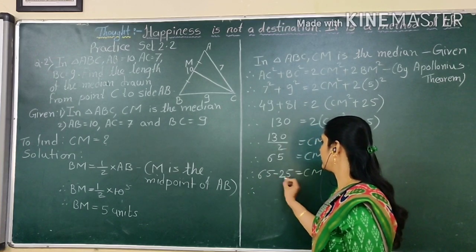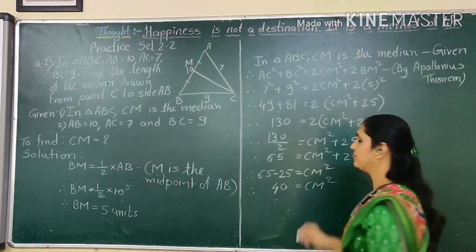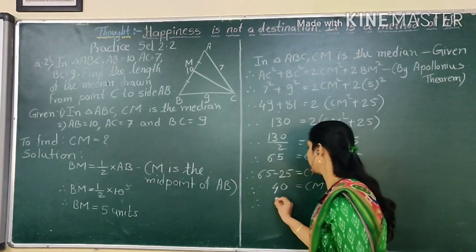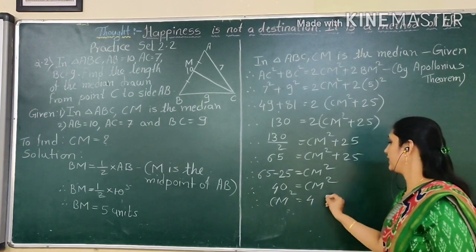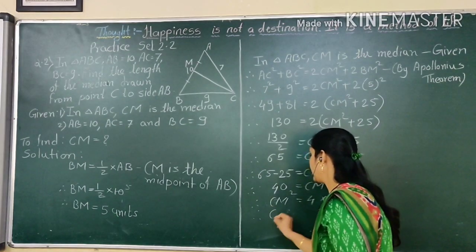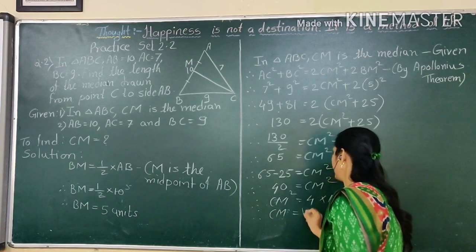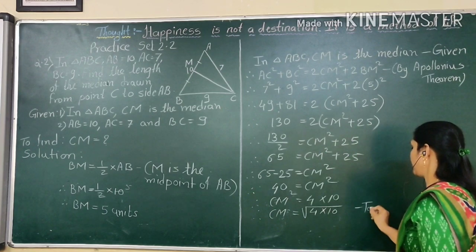Therefore, 65 minus 25, 40 is equal to CM square. Now, CM square is equal to 40, we can write as 4 into 10. Now, take square root of both the sides. 4 into 10. Taking square root.